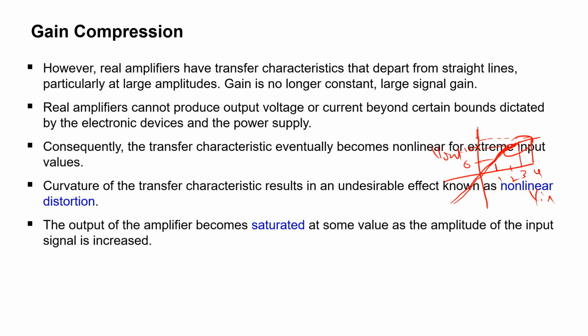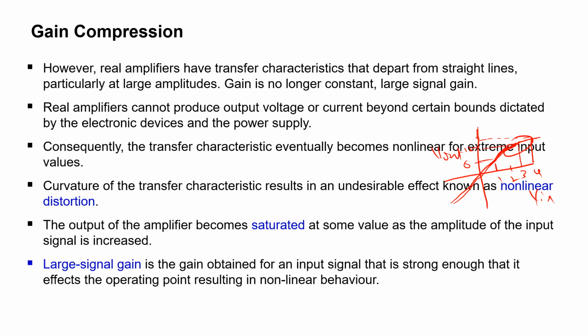So this is also called saturation. You may have already heard about saturation points and saturation of normal amplifiers. It's exactly the same in high frequency amplifiers. Large signal gain is the gain obtained for an input signal that is strong enough that it affects the operating point, resulting in non-linear behavior.